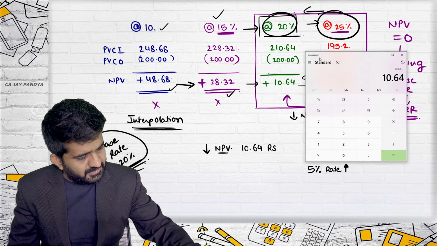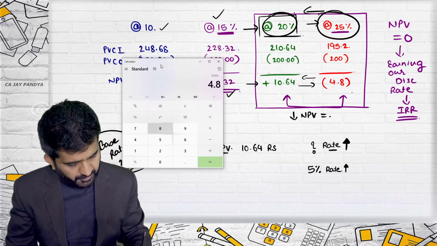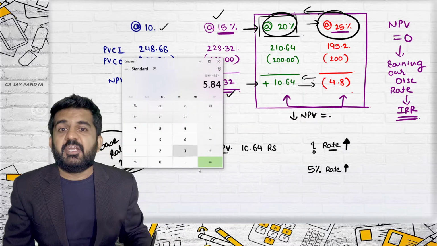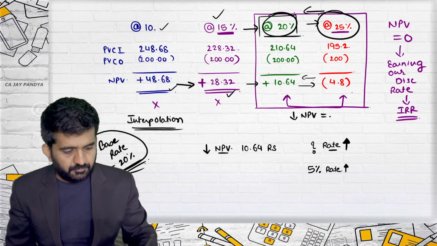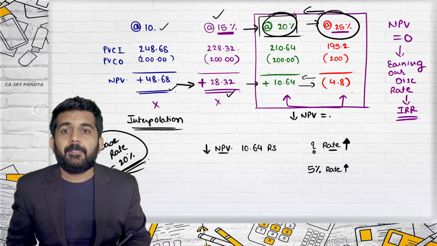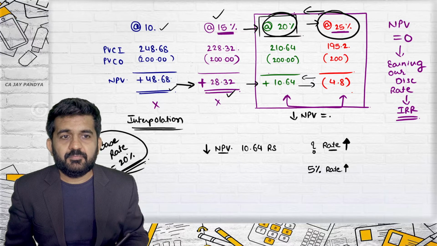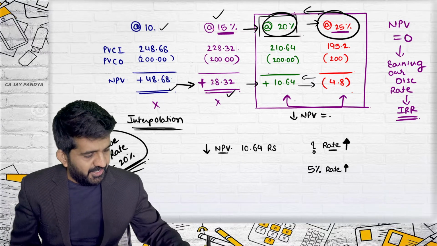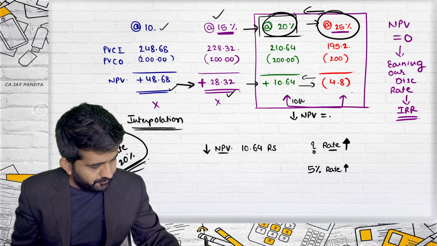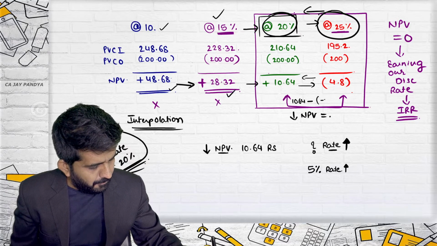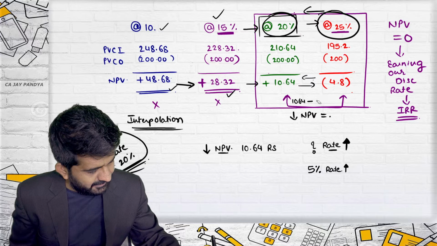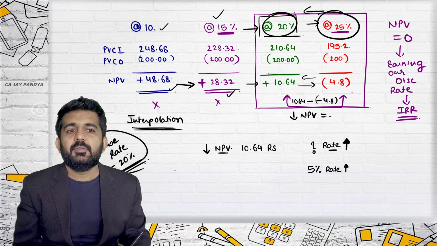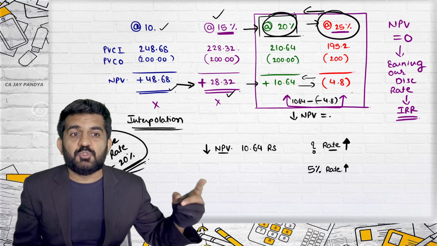10.64 minus 4.8. 5.84? No, 15.44. Exactly, good amount. Why? 10.64 minus 4.8. Minus will become plus.